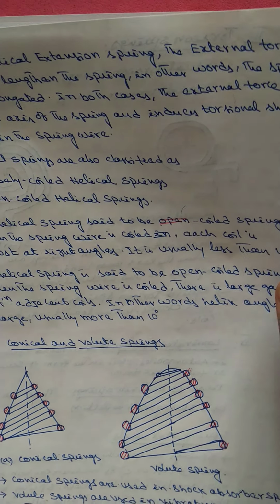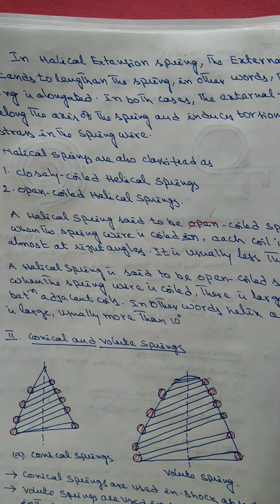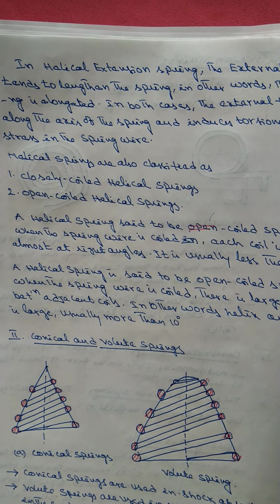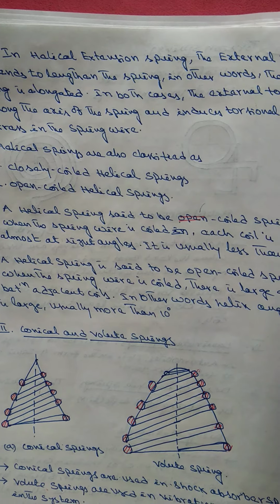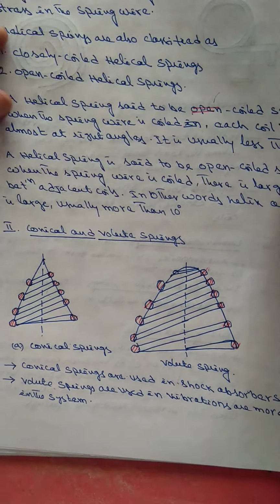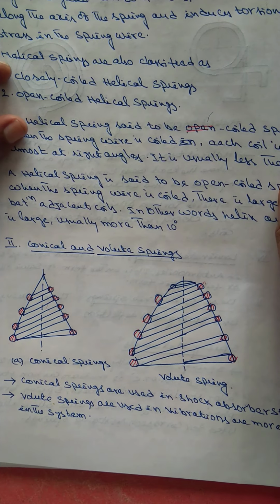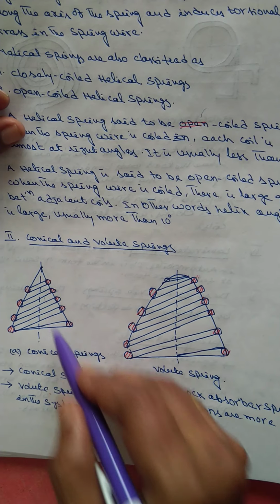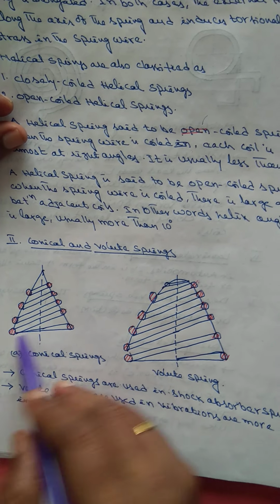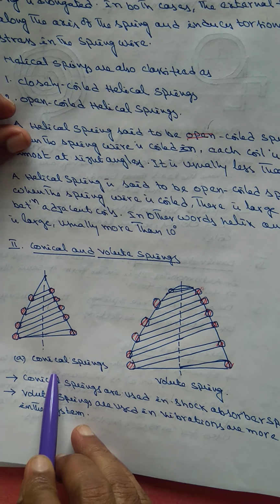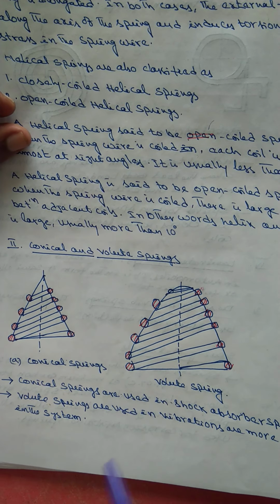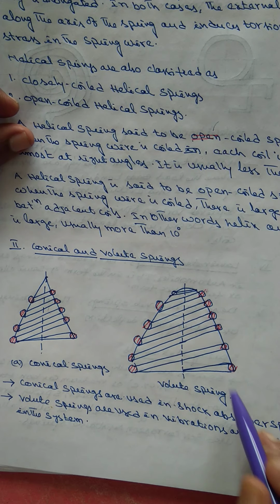These are widely used generally in clutches. Another type is conical and volute springs. When the springs are arranged in a cone shape, they are called conical springs, and we also arrange springs in a volute form.